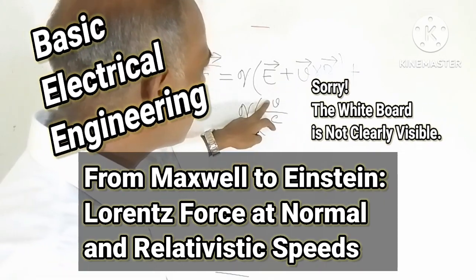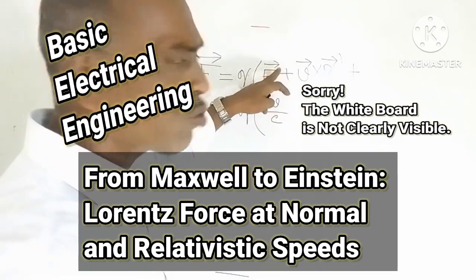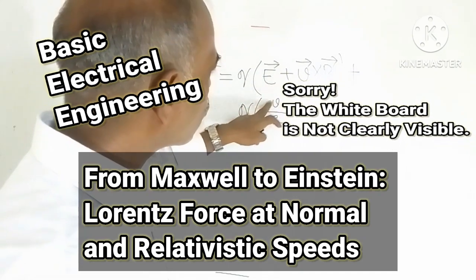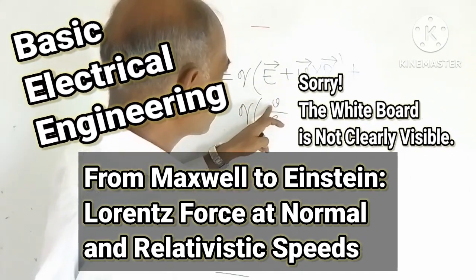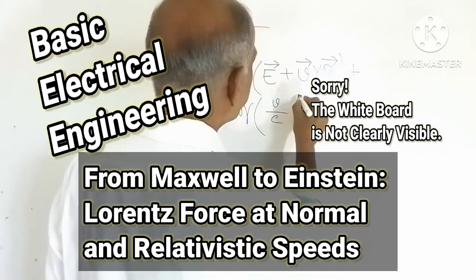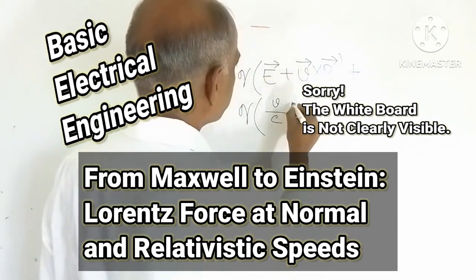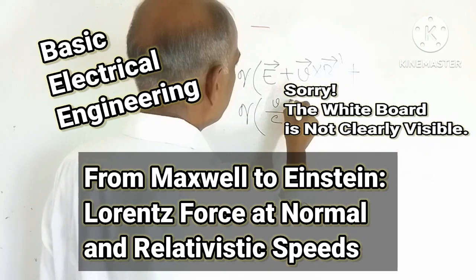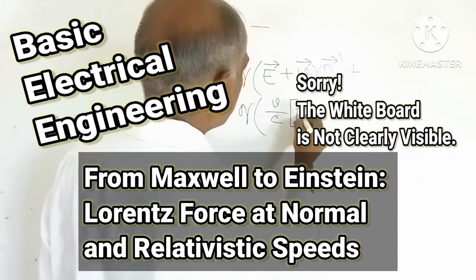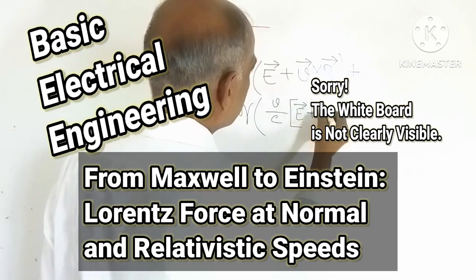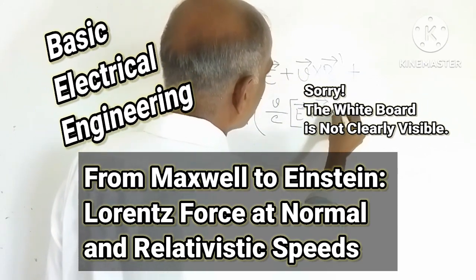Here v, I have not used the arrow sign, means this is only the magnitude. This is not a vector. Multiplied by this expression. Let me write using this bracket here, then it will be easier for you to understand.